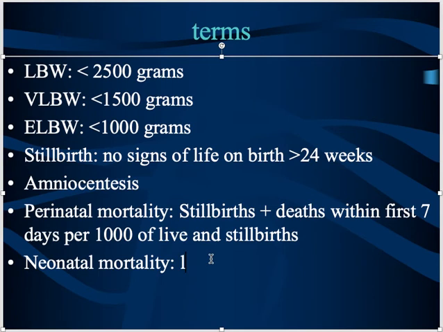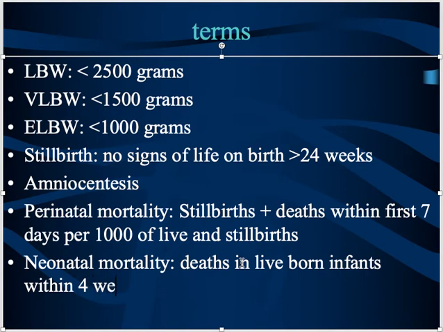So all the deaths, there are no stillbirths in this one, in live born infants within the first 4 weeks, or you can say first 30 days, so within 4 weeks, and of course, per 1000 live births. So that is called neonatal mortality. So perinatal covers the stillbirths, whereas neonatal doesn't cover the stillbirths.